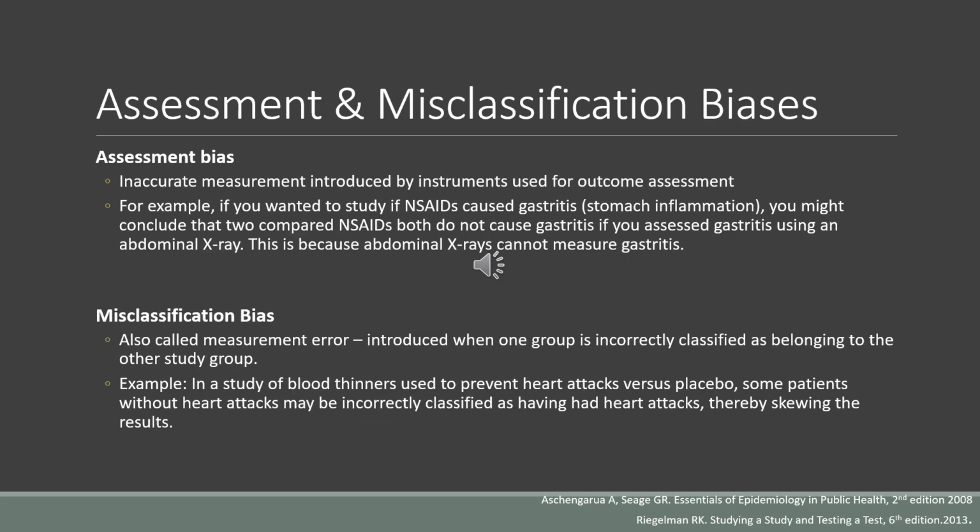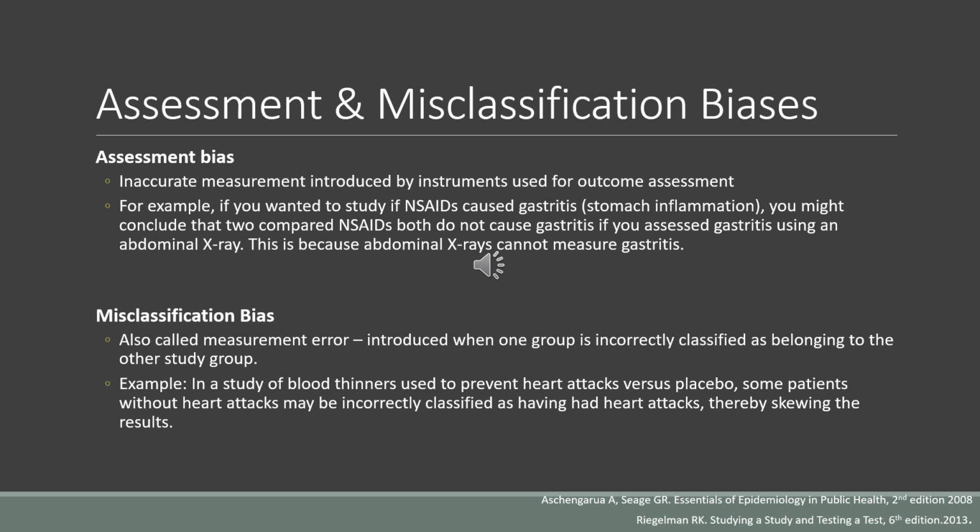The next two types of information bias we'll look at are assessment bias and misclassification bias. Assessment bias can be considered an inaccurate measurement introduced by instruments that are used for outcome assessment. For example, if you wanted to study if NSAIDs cause gastritis or stomach inflammation, you might conclude, if you compared ibuprofen and naproxen, that both do not cause gastritis if you're using an abdominal x-ray to assess gastritis.